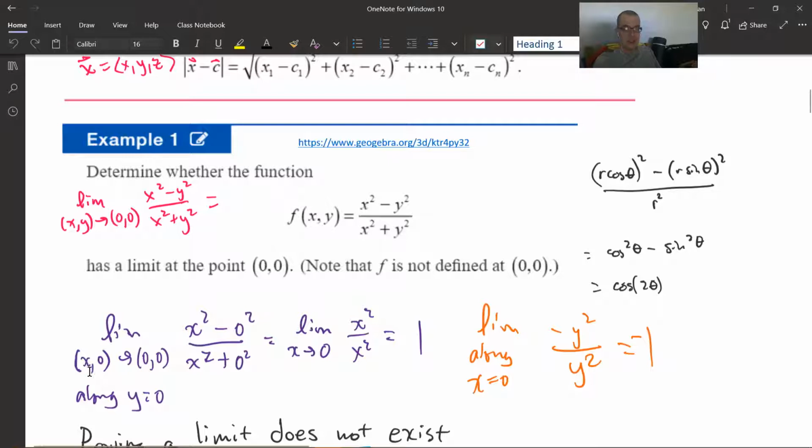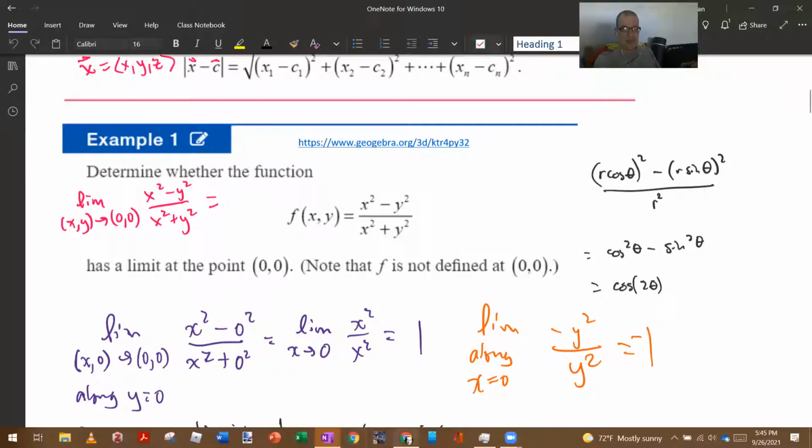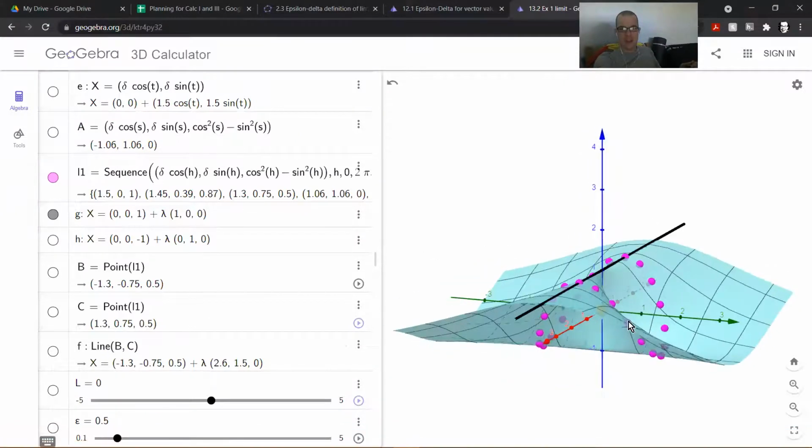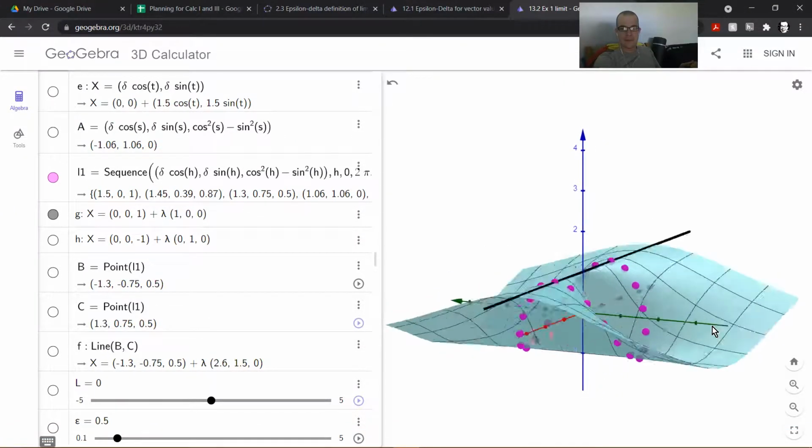And you can see when we treat y as equal to 0, this more complicated rational function just reduces down to x squared over x squared, which is equivalent to 1. And that's why we see a z value of 1 along that entire line.